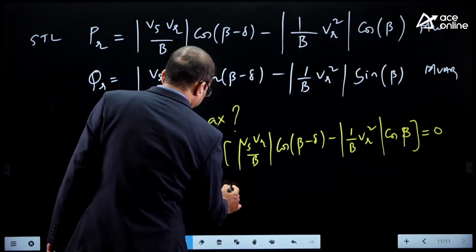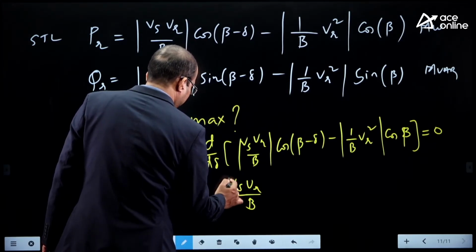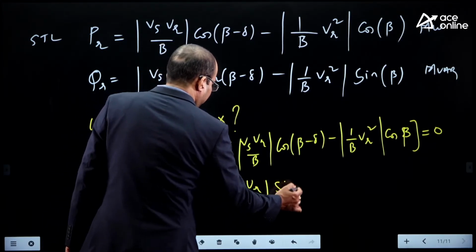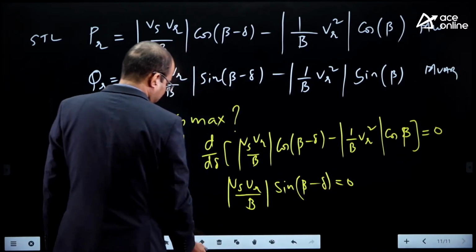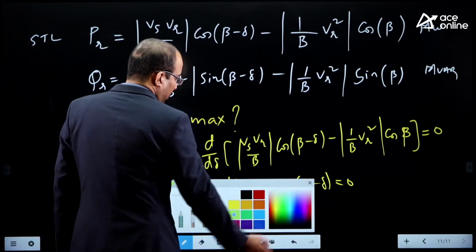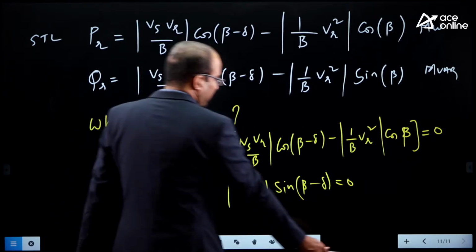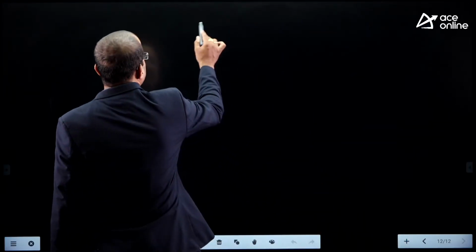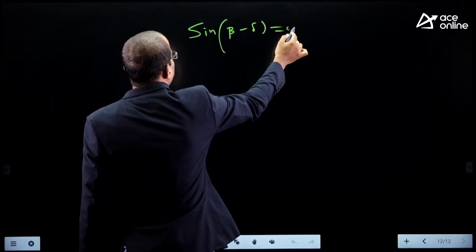So here what we get, Vs Vr by B sine of beta minus delta is equal to 0. So now what is your observation? From this, the maximum power transfer takes place when sine of beta minus delta is equal to 0.